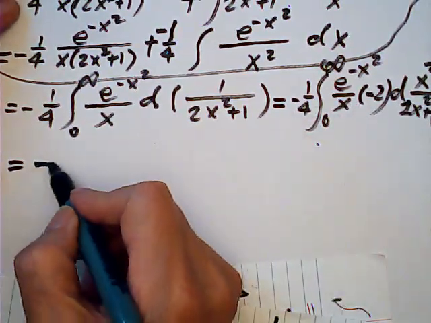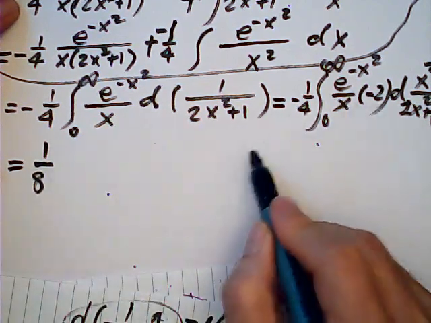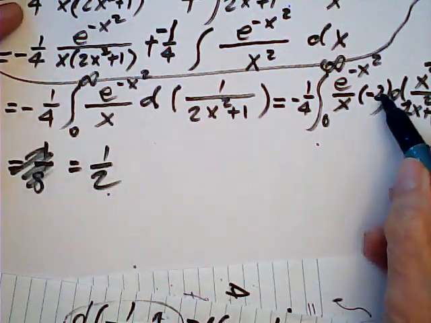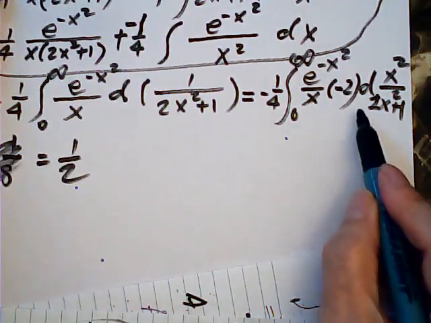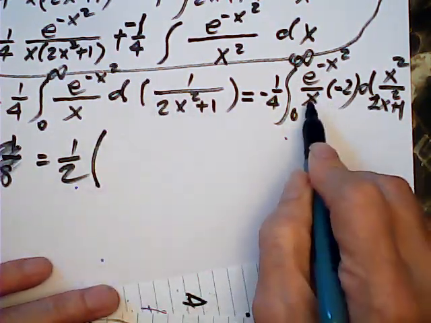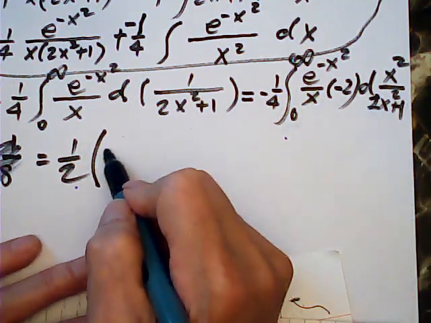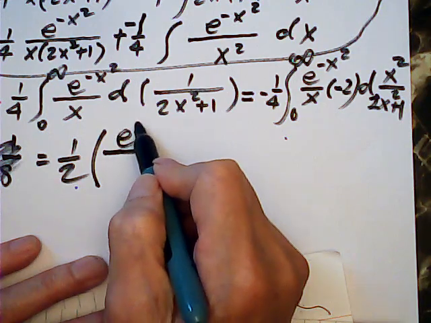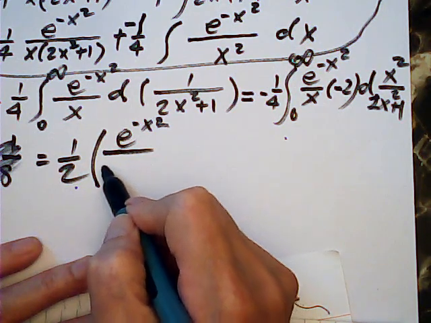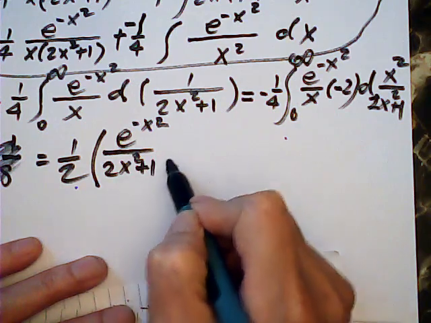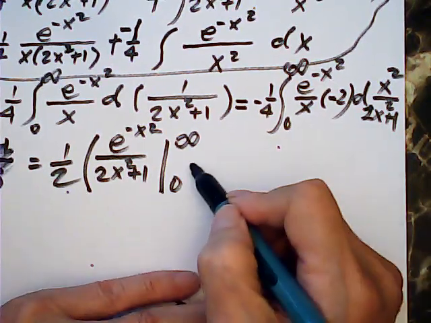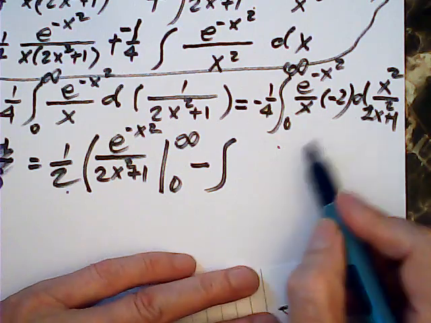This becomes 1/8, right? Not 1/8, but this is equal to 1/2. Sorry, this is 1/2. Now I can use integration by parts, u dv. U is this, v is that. So it becomes e to the negative x squared, x cancels out, 2x squared plus 1 from 0 to infinity, minus the integral of v du.